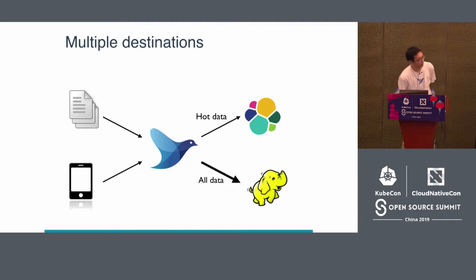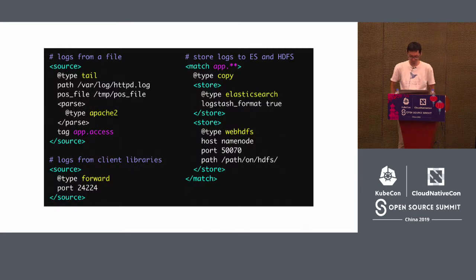Next is multiple destinations. Sometimes we want to send the data to multiple data stores, and Fluentd also supports these use cases. For these use cases, we use the copy plugin. We can wrap the output plugins with the copy plugin.